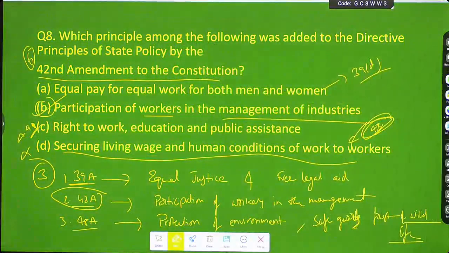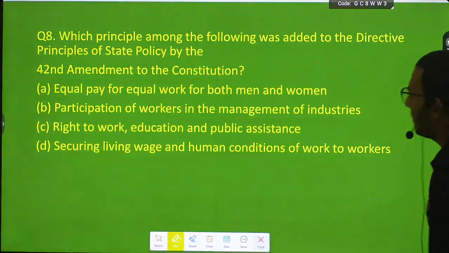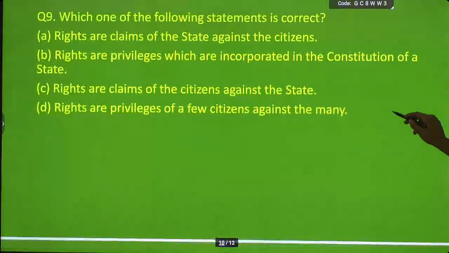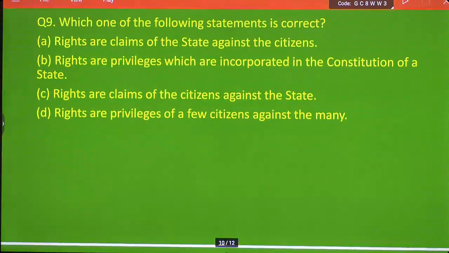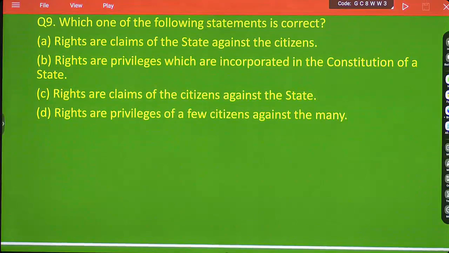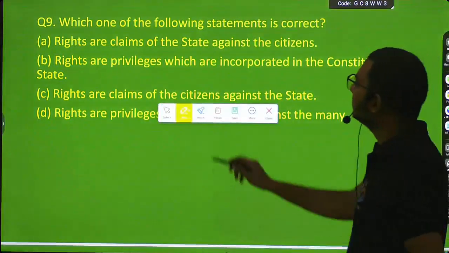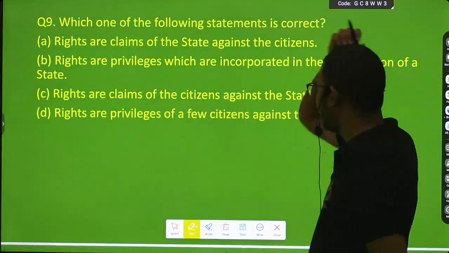So the next question is question number 9. Which one of the following statements is correct? Rights are claims of the state against the citizens.